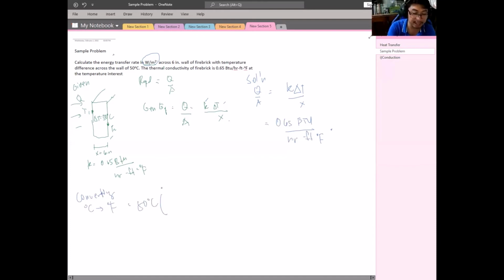Multiply natin siya ng 9 over 5, temperature difference na kaagad yan, class, so that is converting a difference of temperature.